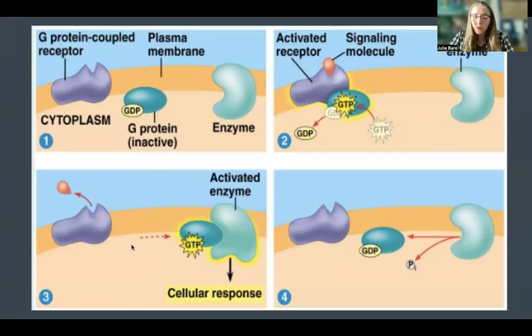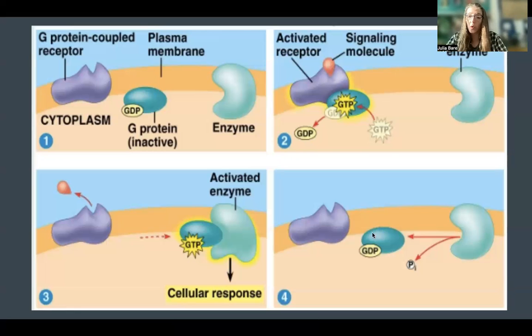And then in this third frame, we see that the G protein has been activated, and GTP is part of that activation process. And it's going to move over to the enzyme that's needing activation. And that is what's going to induce the cellular response. After this process occurs, the whole system resets.